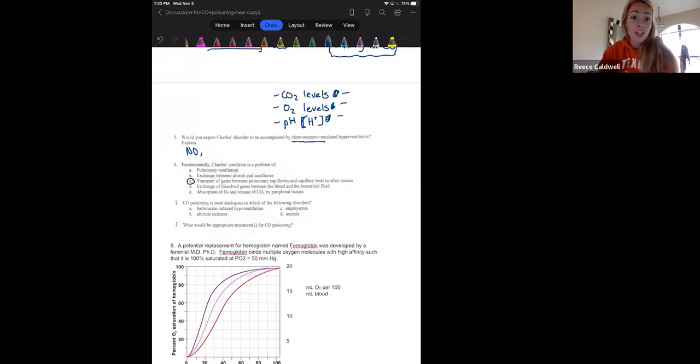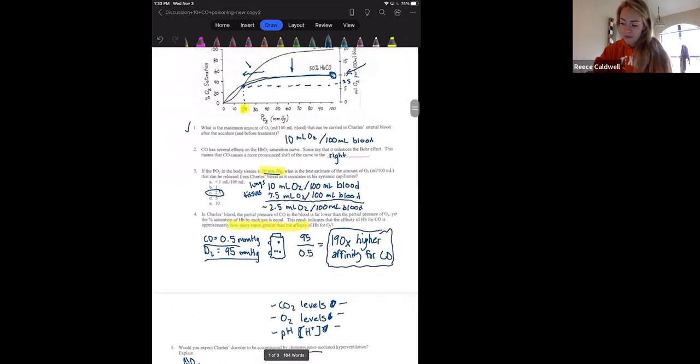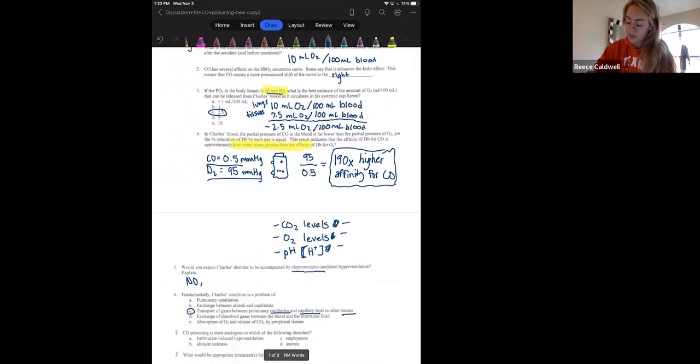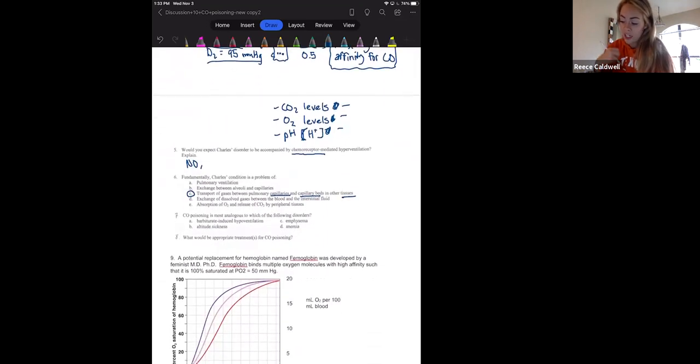Hemoglobin is transported in the blood, so that's where this is happening. So the transport of gases between the capillary beds and the tissues is where this problem is occurring. If you go back up to our graph, we're not giving any oxygen to our tissues, and therefore there's an issue occurring in the blood and the tissues.